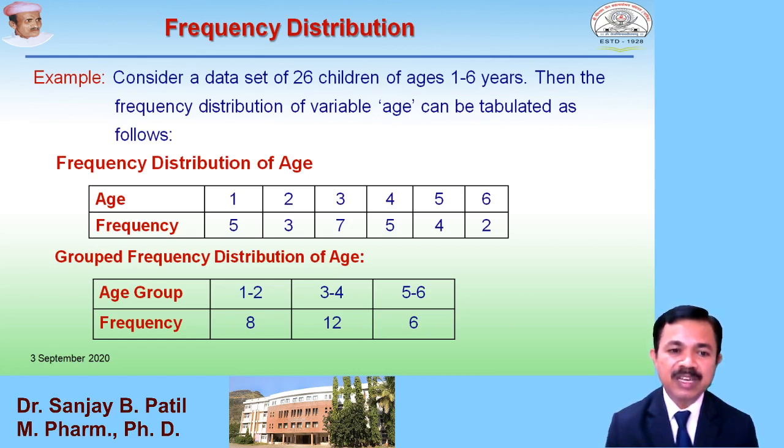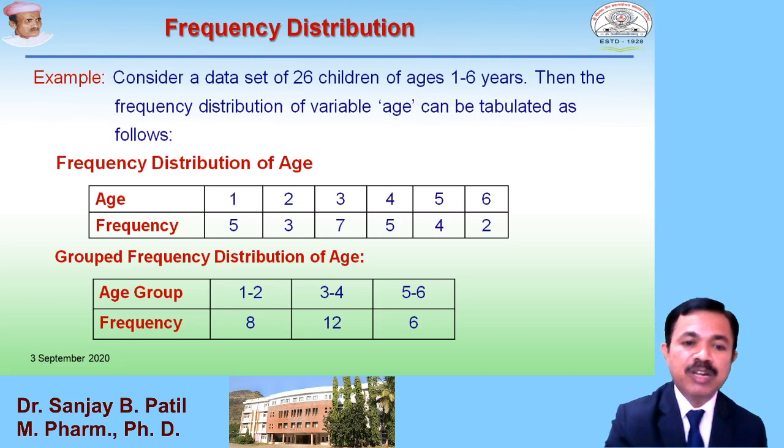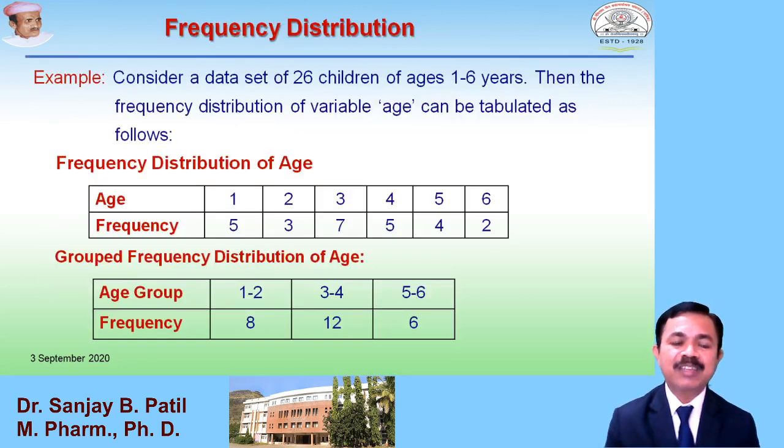Again, we can go for cumulative frequencies of the classes. What are cumulative frequencies of the classes? Cumulative frequencies are nothing but the frequency of that particular class or particular observation along with frequencies of previous classes or previous observations.